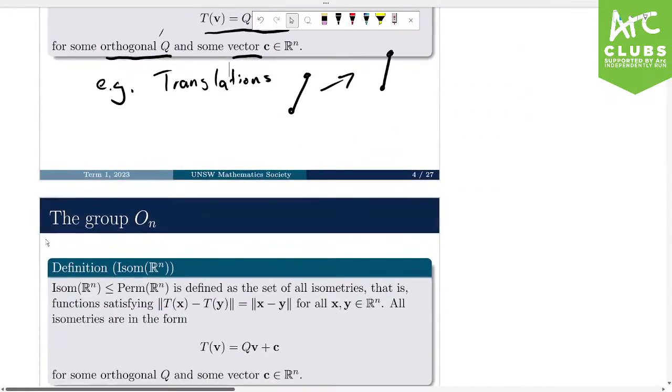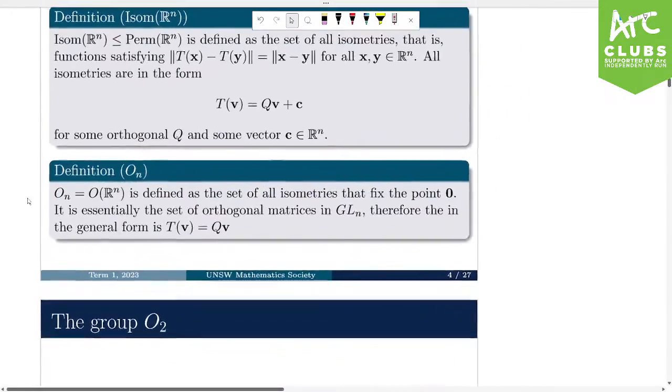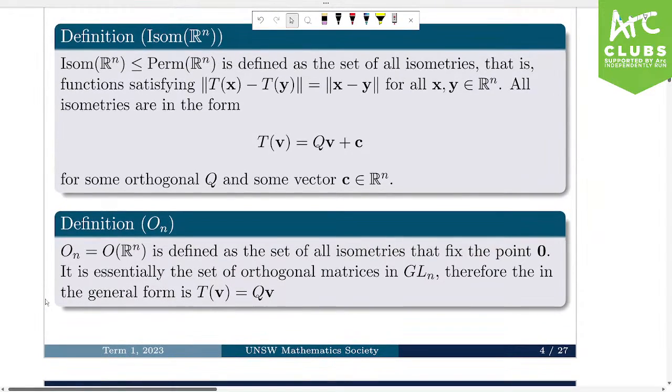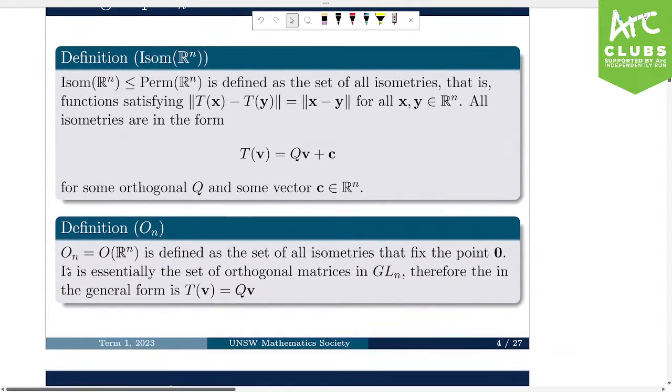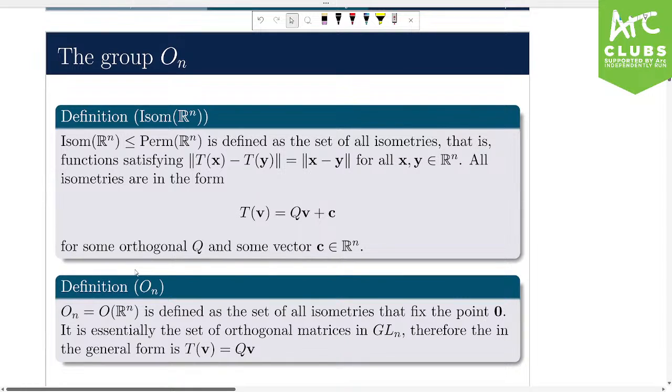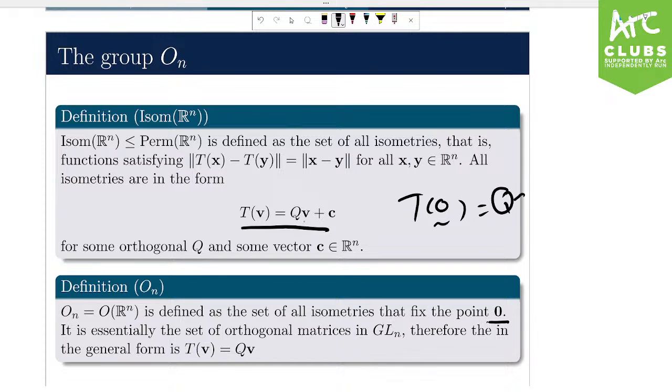Okay. And now an interesting subgroup here is ON. So this is defined as the set of all isometries that fix the point 0. So if we want this to fix 0, we have t of 0 is equal to q times 0 plus c, and want this to be 0.